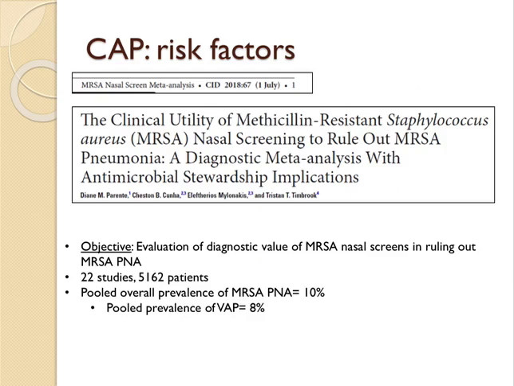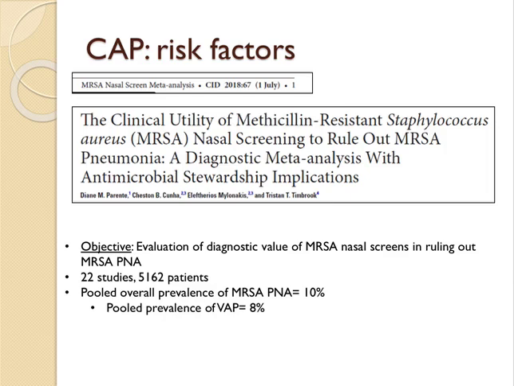And this is a MRSA nasal screen meta-analysis, which was published in Clinical Infectious Diseases back in 2018. The objective of that study was to evaluate the diagnostic value of MRSA nasal screen, specifically for ruling out MRSA pneumonia. They included 22 studies and more than 5,000 patients.